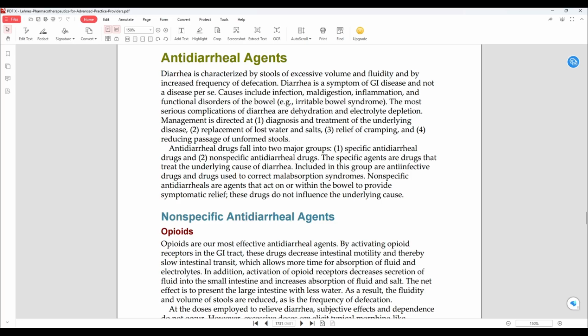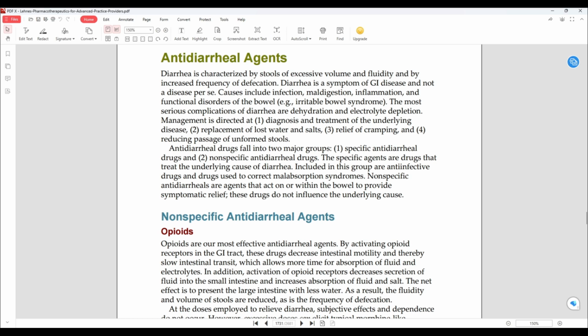Management is directed at the diagnosis and treatment of the underlying disease, replacement of lost water and salts, relief of cramping, and reducing passage of unformed stools. Antidiarrheal drugs fall into two major groups: specific antidiarrheal drugs and nonspecific antidiarrheal drugs.